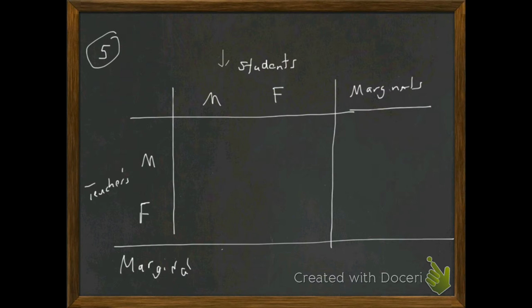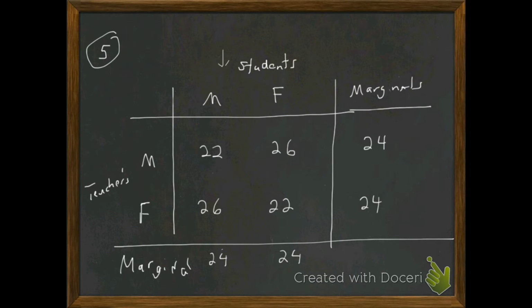Now, what I'd want to do here, this is going to take a little bit more work. Let's go 22, 26. That's going to give me a marginal mean of 24. And let's go 26, 22. Gives me a marginal mean of 24. Marginal mean of 24. Marginal mean of 24.